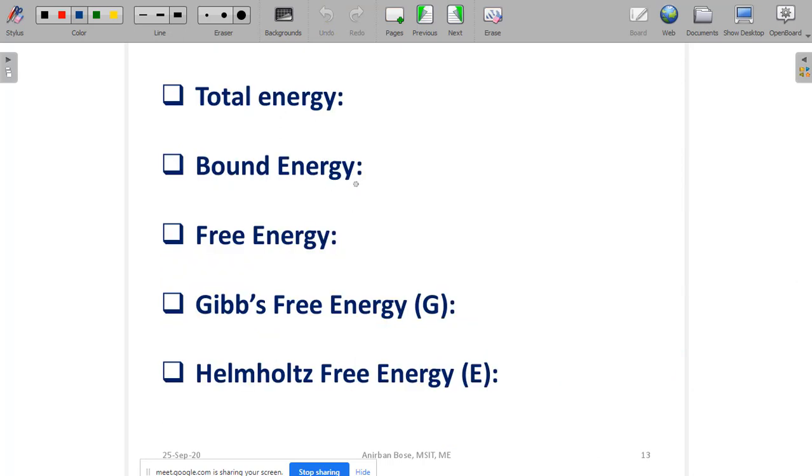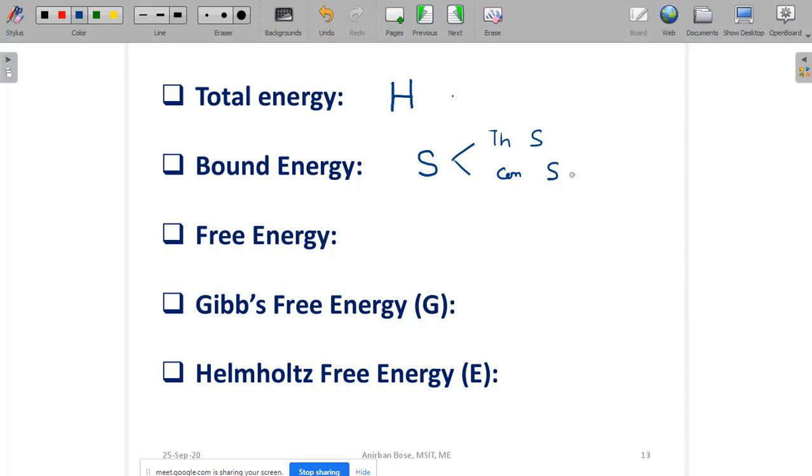Now we have seen that the total energy content within the material might be either H or U. Then we have seen the bound energy. The bound energy is because of the entropy present. We have seen the thermal entropy and the configuration entropy.